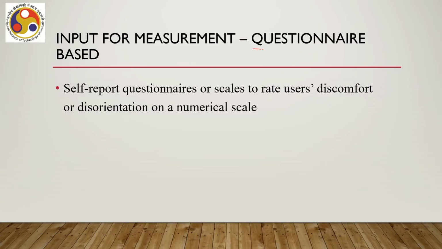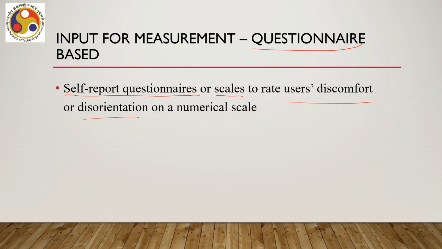One is questionnaire based. This is one of the common ways of taking input to measure cyber sickness. So, these are self-report questionnaires or scales to rate users' discomfort or disorientation on a numerical scale.